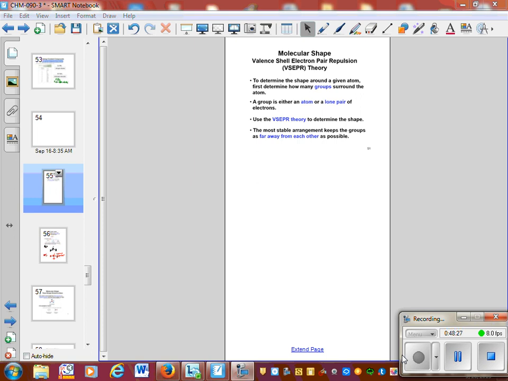Pretty simple. I know you doubt me. Don't doubt me. Okay? So, you have to determine how many groups come around an atom, the central atom. The VSEPR theory helps us determine the shape.